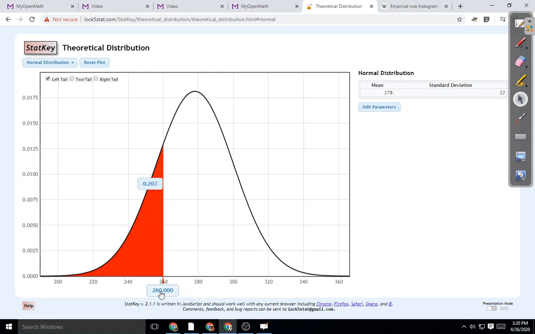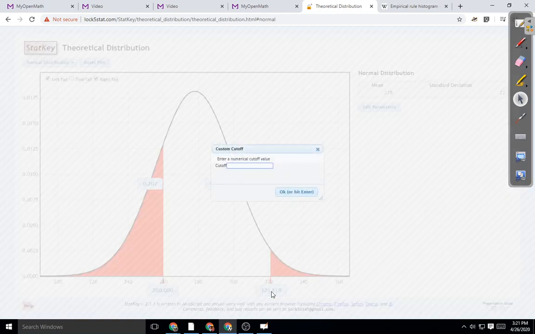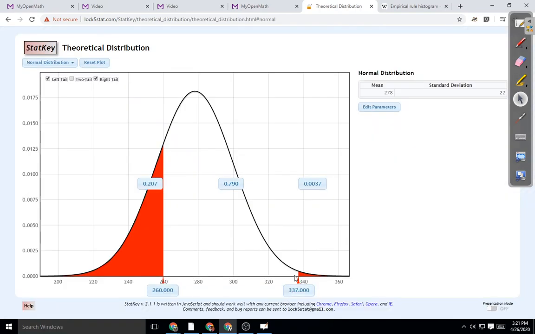So a fruit weight, in this case of 260, puts about 20% of fruit smaller than it. If there's 50% from the mean over, then that would leave around 30% in this half above the red area. And we want to do a right tail to set the other value, and that was 337, I believe. Better double check that, which looks about almost 3 standard deviations.